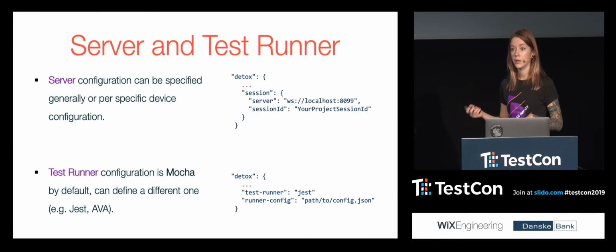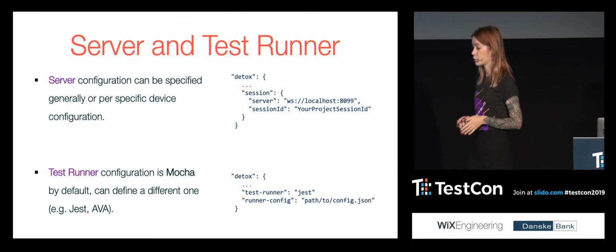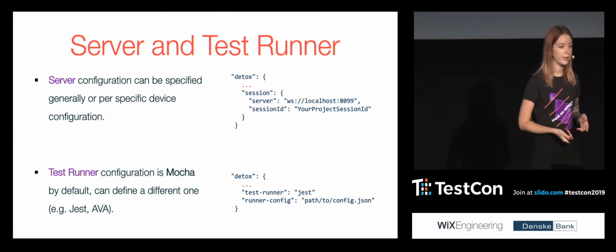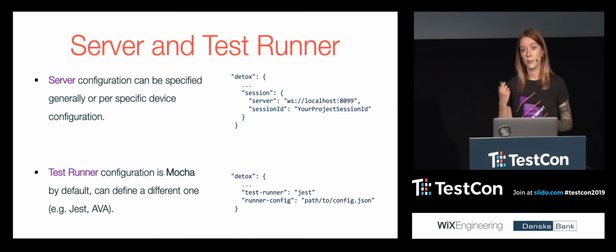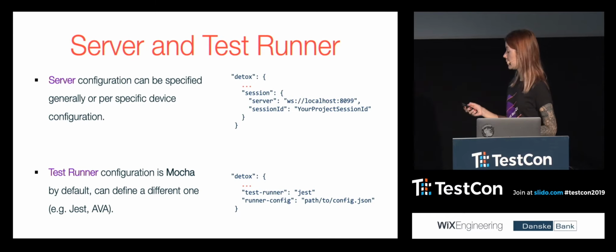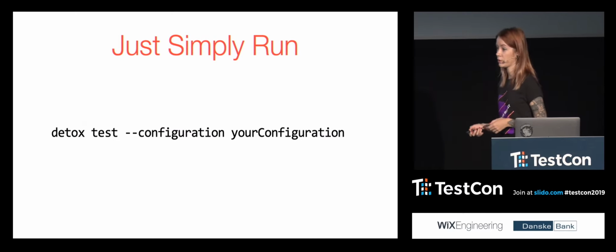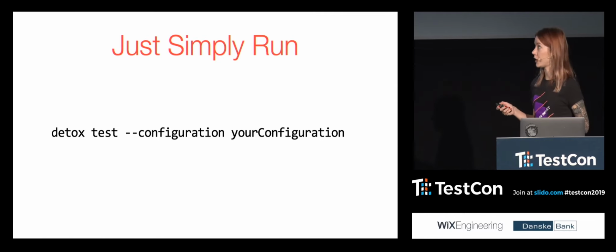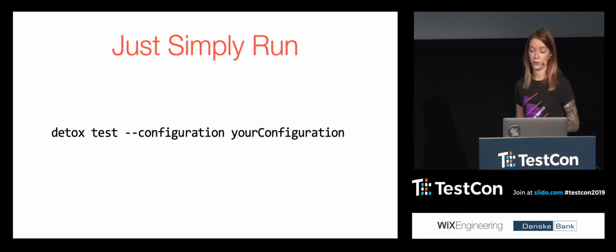For server, the usual case is to define whether you want to use a mock or a real server that is provided, and then you can define a test runner. Mocha is the test runner by default, but you can define a different one. And then after you define the configuration, you can simply attach the configuration flag to your test and run your test with this single line.